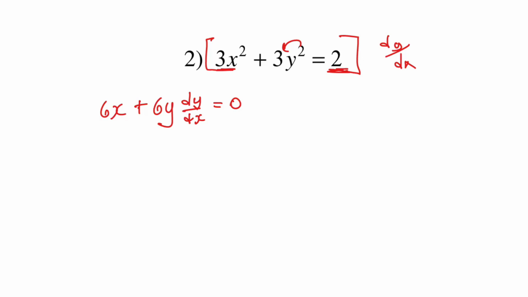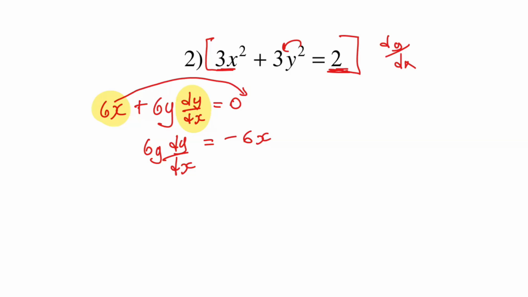What we want to do here, in an effort to isolate the dy/dx, is move step by step. So we're going to get this on the other side. Let's rewrite this. What we have is 6y dy/dx, and this is equal to negative 6x. What it means is that we just subtract 6x from both sides, or if you want to say you move it across and change the sign, then that's okay.